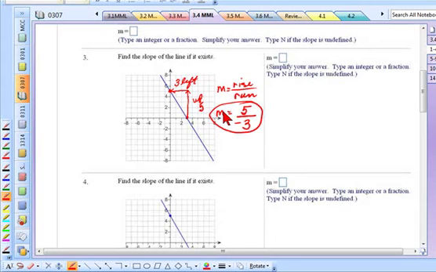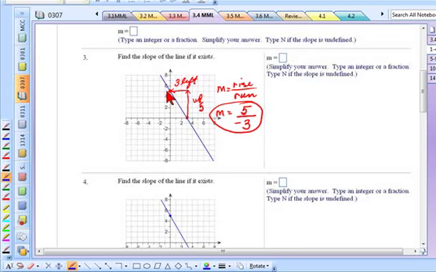So anytime you go left, it's always going to be a negative. What other direction would be negative? Down. So up is positive, right is positive, just like the axes. But left is negative, down is negative, just like the axes. Now, what if you went the other direction? What if instead you had started at this point?